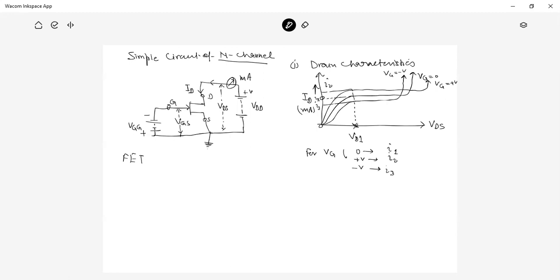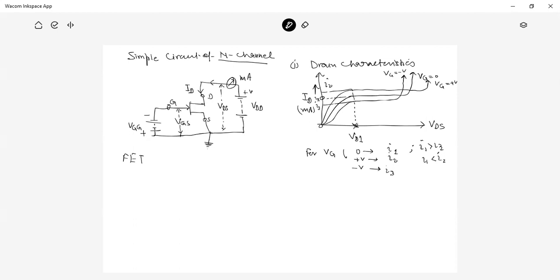So I1 is less than I2 and greater than I3.